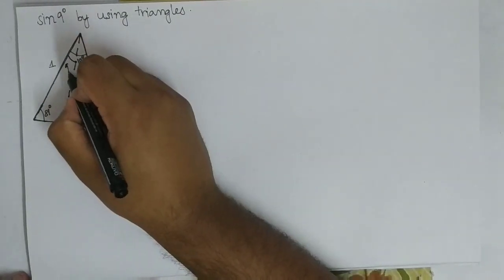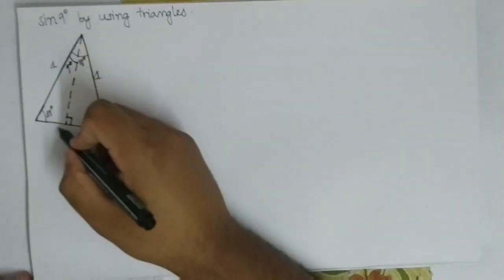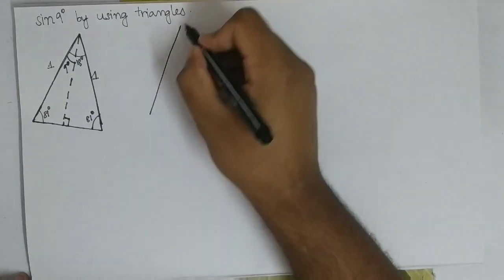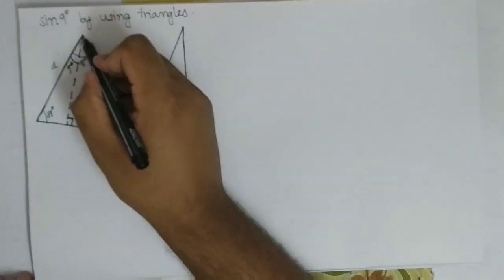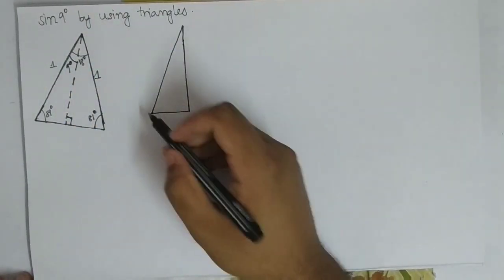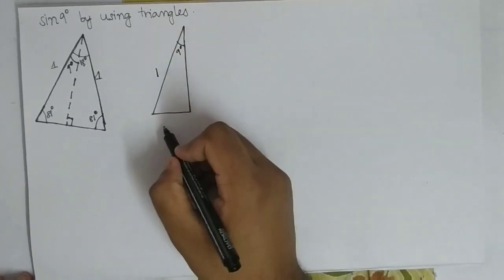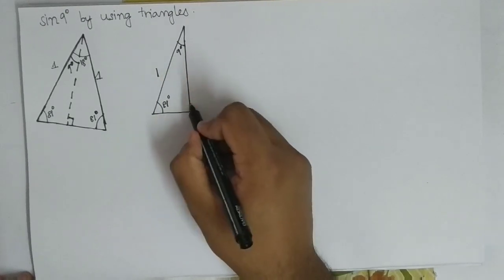So as a result, this angle is going to be 9 degrees. Now let me draw this triangle separately. So I have drawn this triangle separately out here. This angle is 9 degree, this is 1 unit, and this is 81 degree, and this is a right angle.